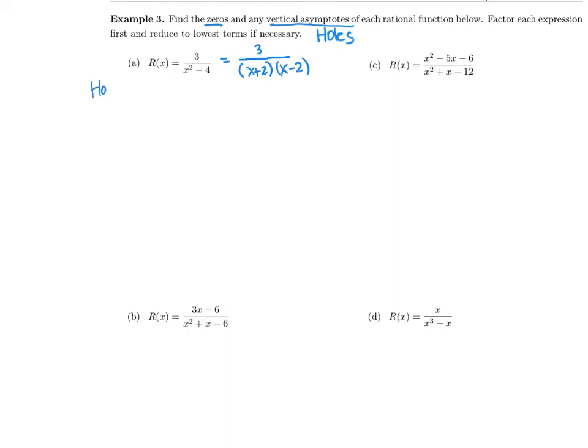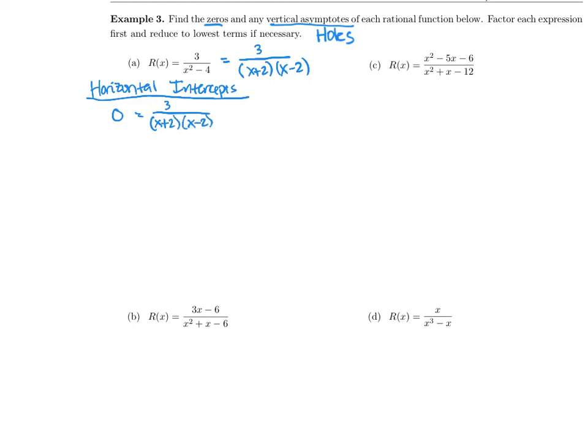So let's see, for our horizontal intercepts, or our zeros, the way we find horizontal intercepts or zeros is we always set the whole equation equal to 0, because you have an x-intercept when your y value is 0. So we're going to say 0 is equal to 3 over x plus 2 times x minus 2.